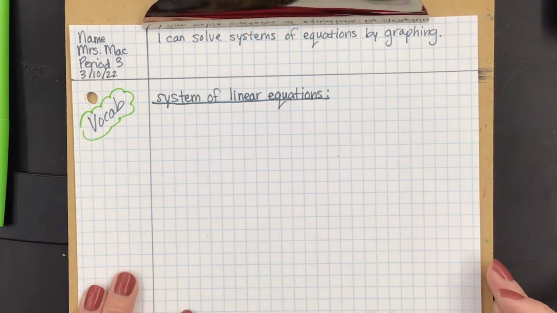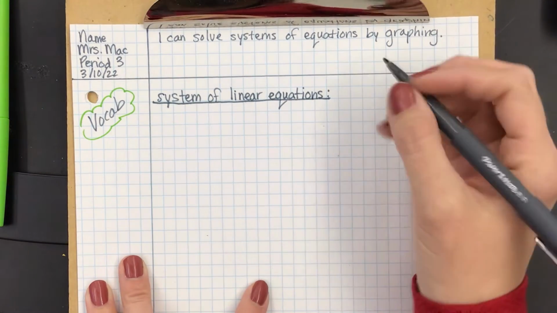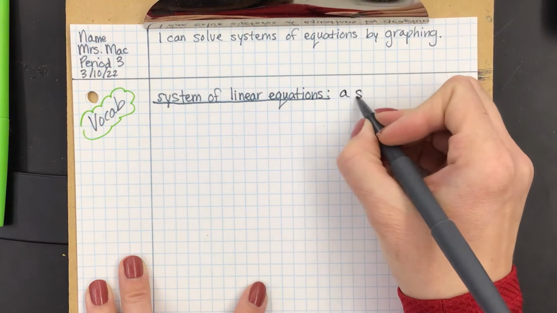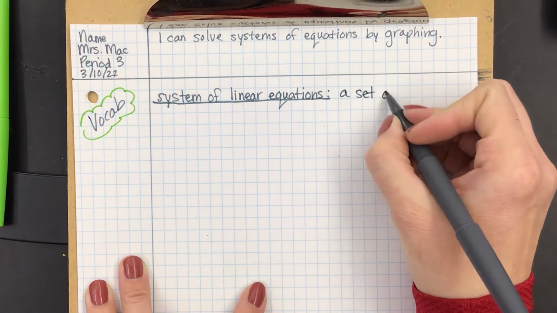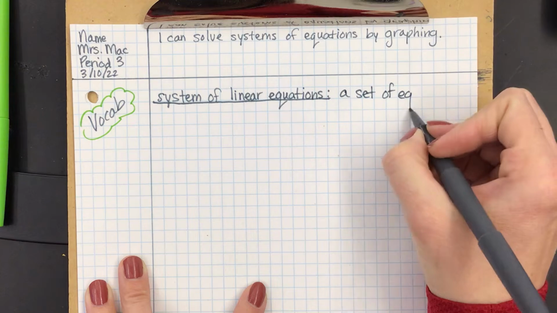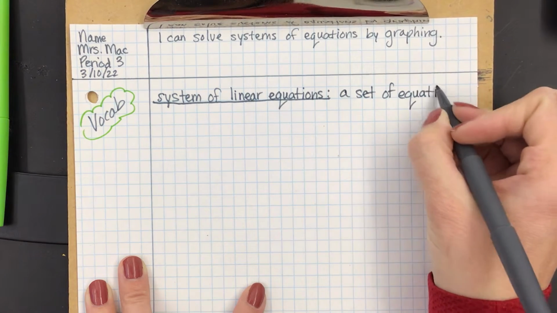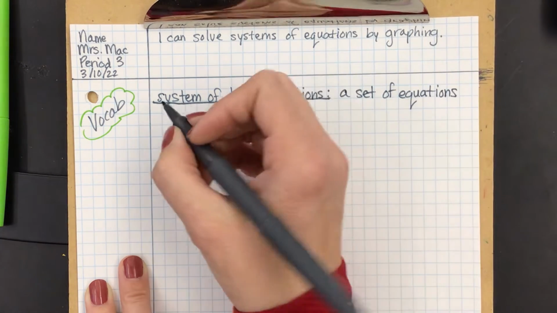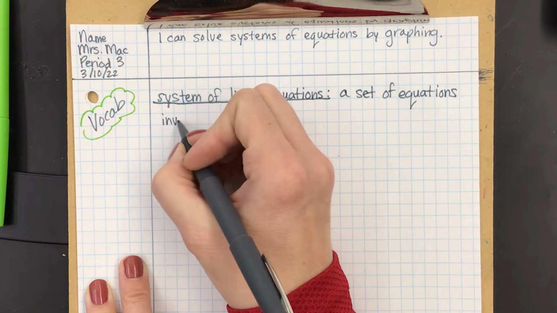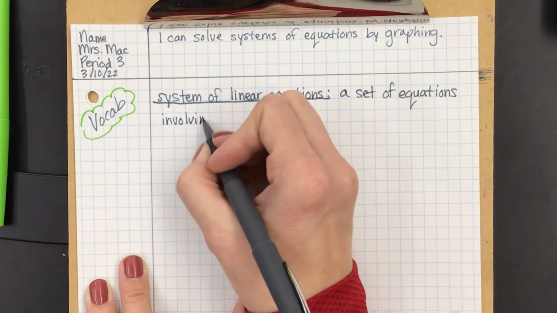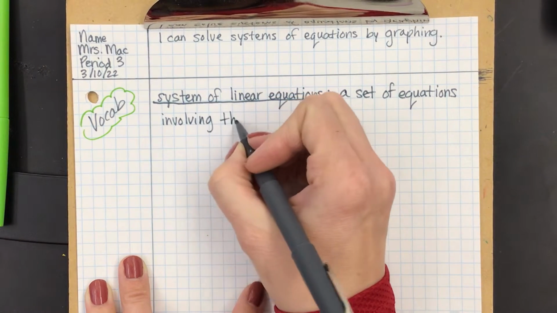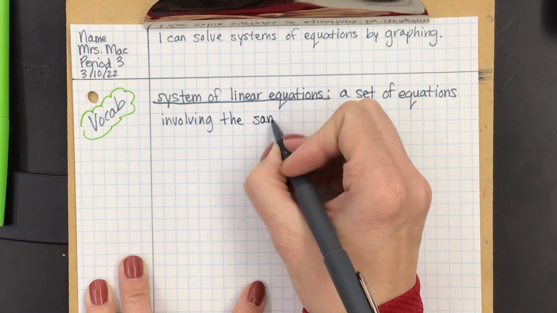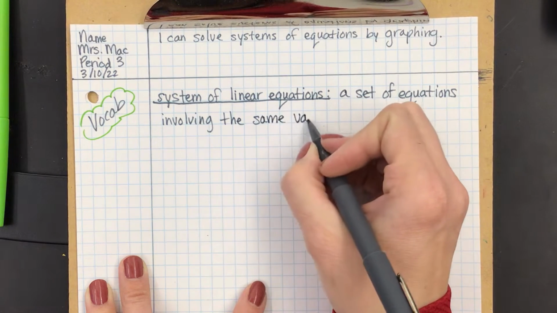Okay, so a system of linear equations is a set of equations involving the same variables.